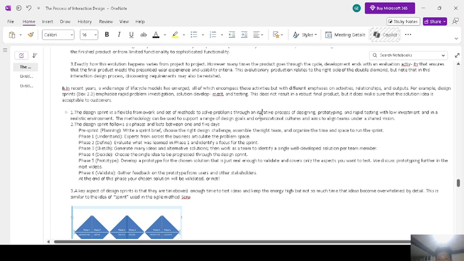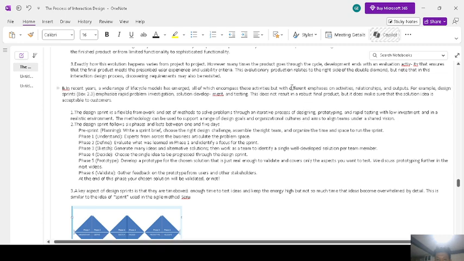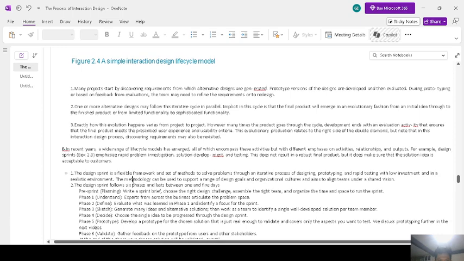This makes sure the solution idea is acceptable to customers. These models encompass activities with different emphasis. So design sprints, which is here, is like an agile methodology.